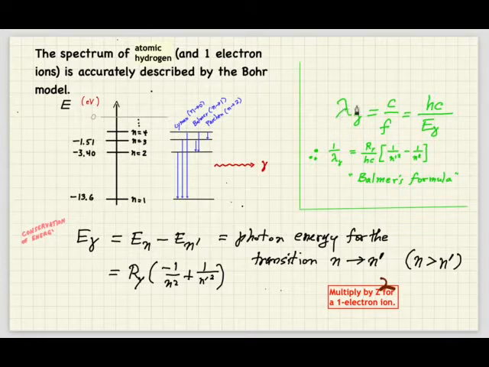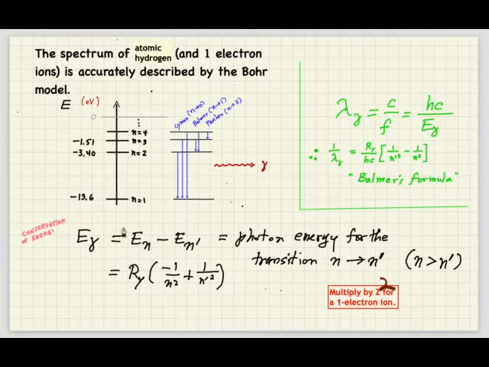Remember, wavelength is speed of the wave divided by frequency. So that's the speed of light. We're talking about light being emitted, so a photon. Wavelength is c over f. Multiply numerator and denominator by h, Planck's constant. That's hc over hf. hf is the photon energy.